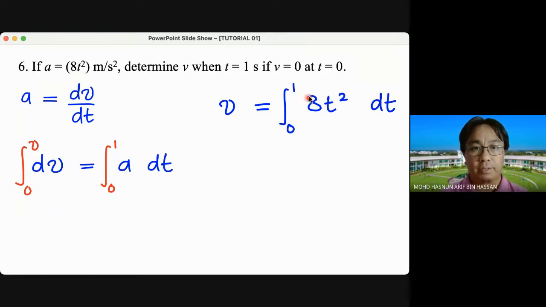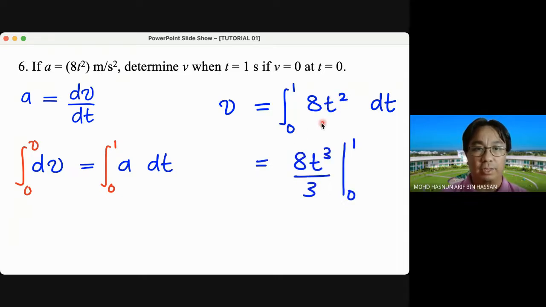So integration of 8t square, you will get 8t to the power of 3 divided by 3, from 0 to 1. Everyone knows how to solve the integration.